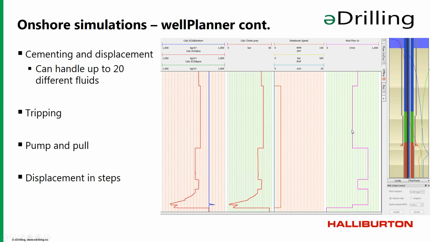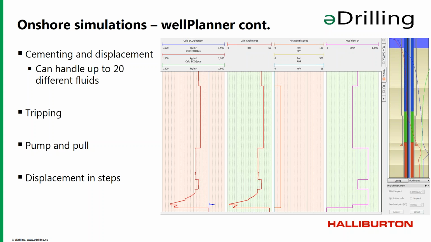So then during the planning phase we also look at the other operations. Often we see that drilling the well isn't the main challenge. It's either the cementing or the displacement. The well balance model that we use for the planning tool can handle up to 20 different fluids.